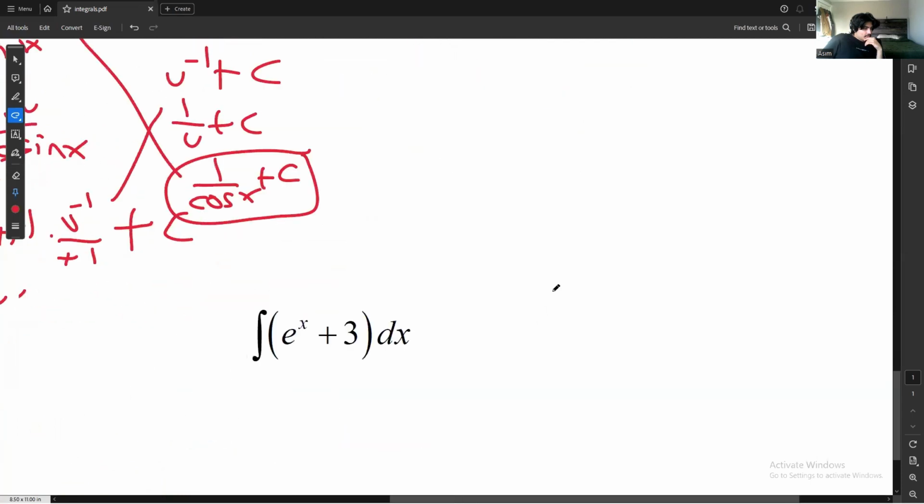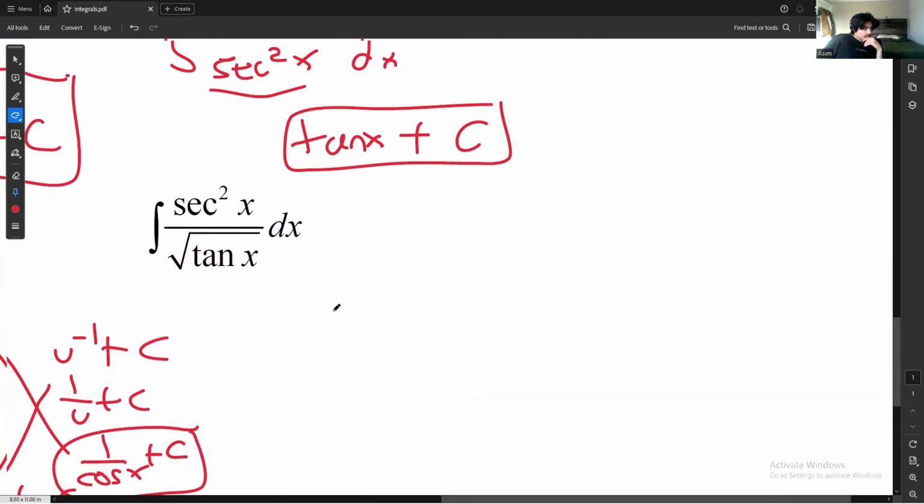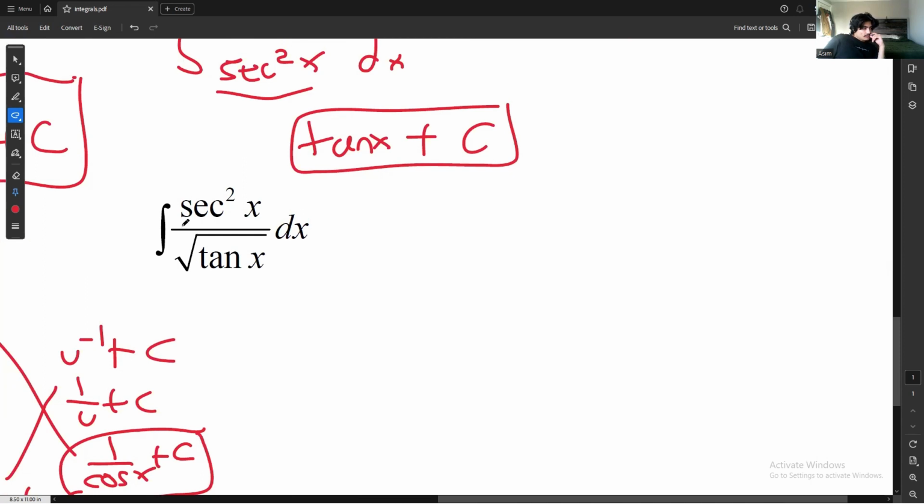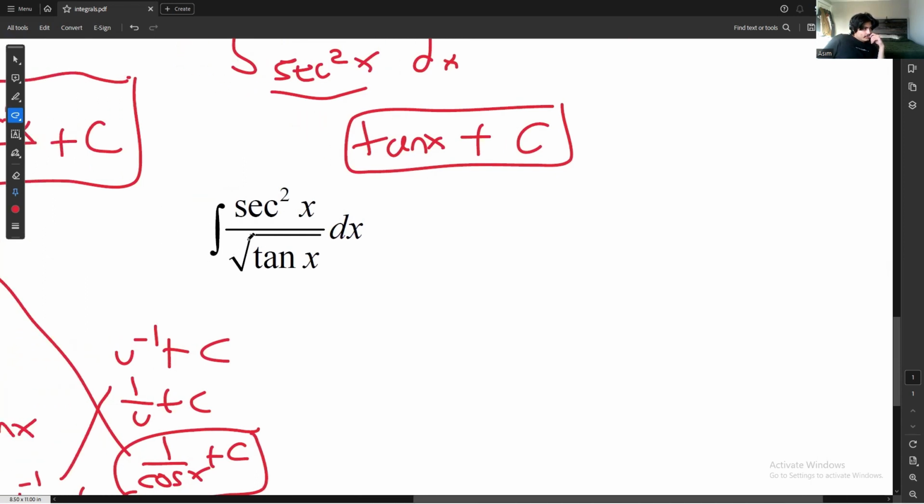And this will be our last 2 questions, guys. So over here, secant square x over radical tangent x. What we can do over here is call my tangent x equal to u, because if I take the derivative of tangent x, I'm going to get secant square x, which will be helpful to solve this integral.